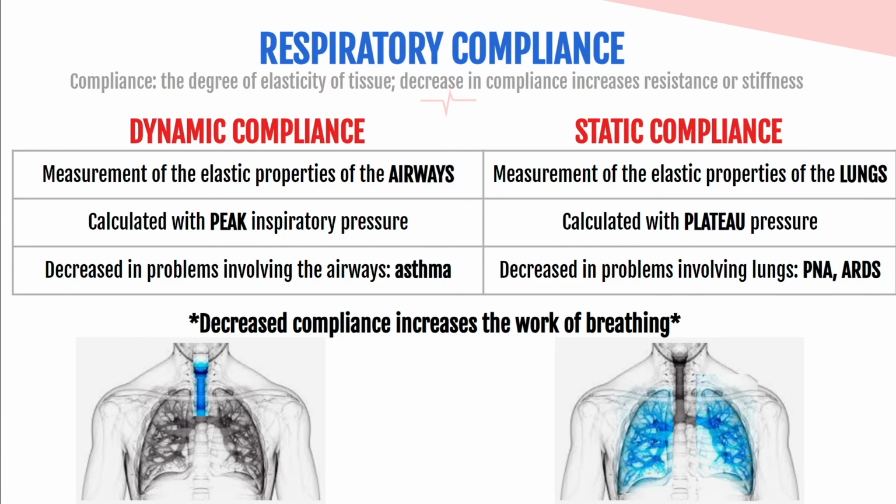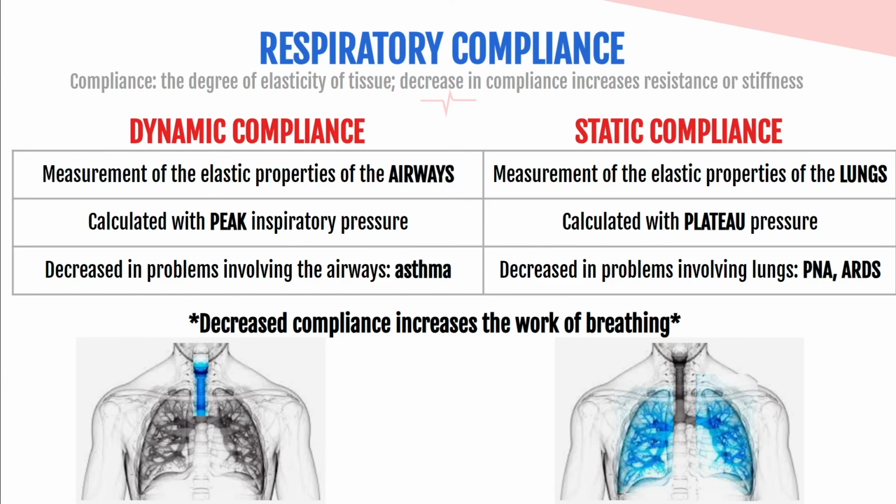Now, dynamic compliance is a measurement of the elastic properties of the airways, and it's calculated with peak inspiratory pressure. So patients who have pulmonary problems that involve mainly the airways, such as asthma, will have a decrease in dynamic compliance, but their static compliance remains normal.